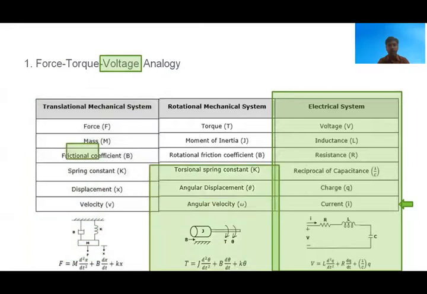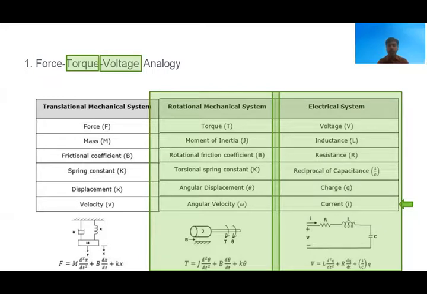Now we'll see the torque voltage analogy. If the mechanical system is a rotational system, then if you compare the mathematical expressions, the input of the rotational system, torque, is analogous to the applied voltage in the electrical system.